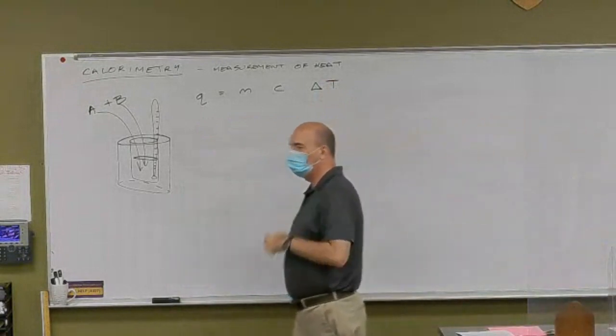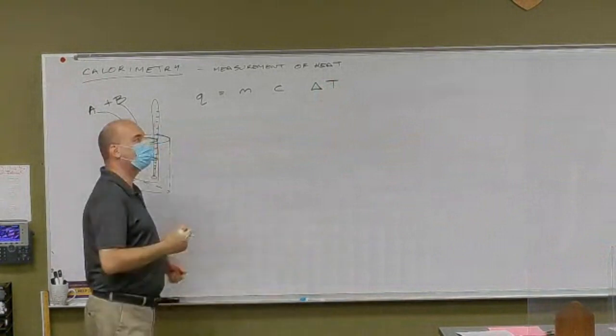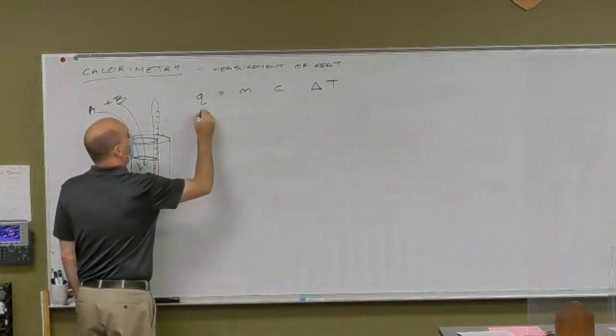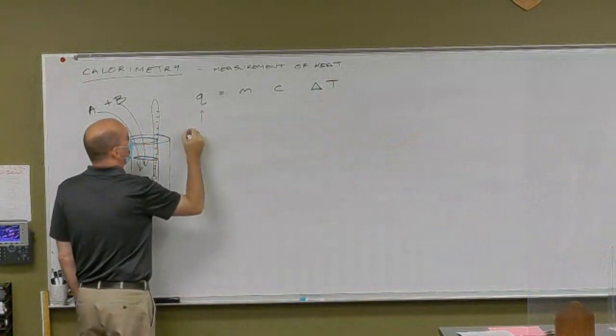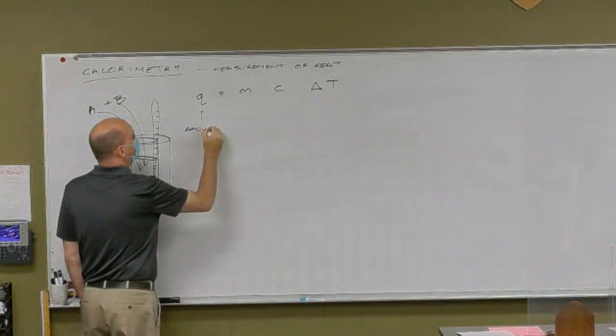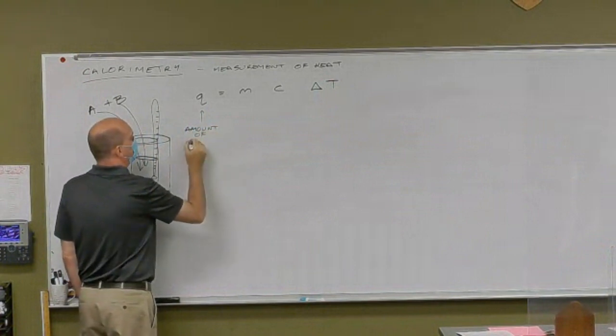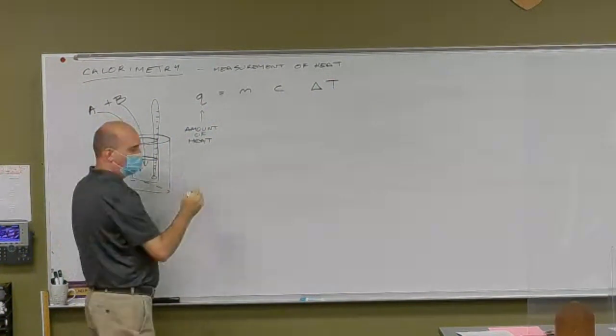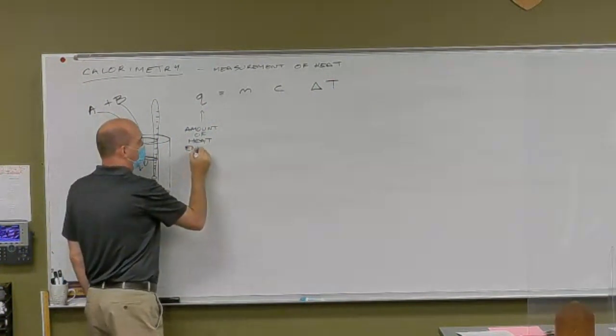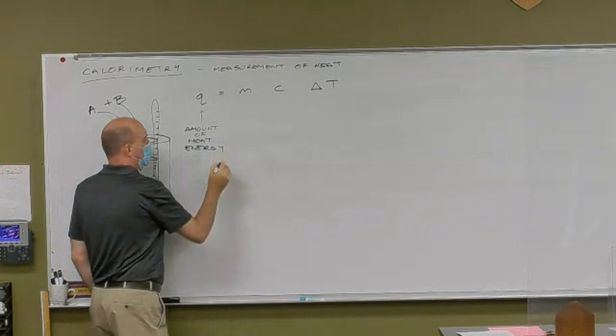The Q equals MC delta T. Q is the amount of heat. Now, heat is an energy, so this is the amount of heat energy.